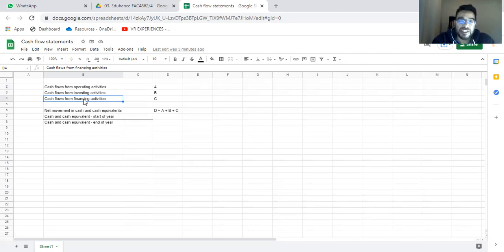Now, here's an important aspect which you must be aware of, for both CTA level 1 and CTA level 2. In test 3, you covered change in ownership. Remember, there was a change in ownership scenario where before and after the change in ownership, you were still a subsidiary. What did we call that? We said that was a transaction amongst the owners, a transaction between the parent and the NCI.